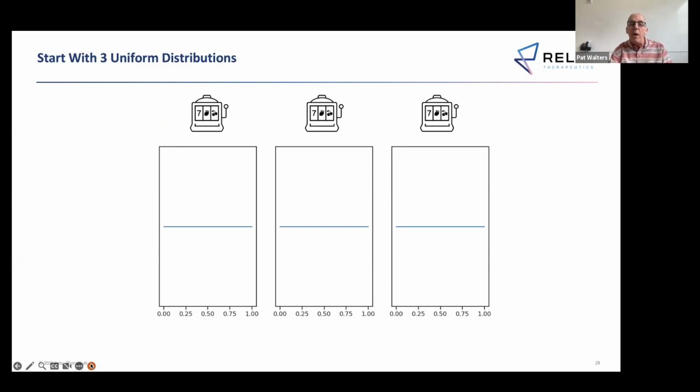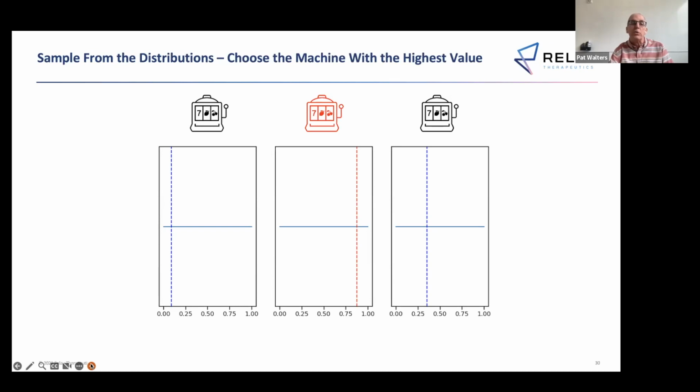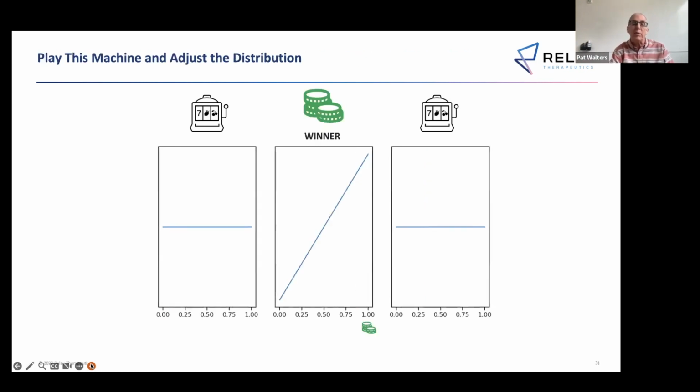What I'm going to do now is generate a random number from each of those 3 distributions, and I'm going to pull the lever on the machine that has the highest random number. You see that'll be the one in the middle. So I'm going to pull the lever on that slot machine.